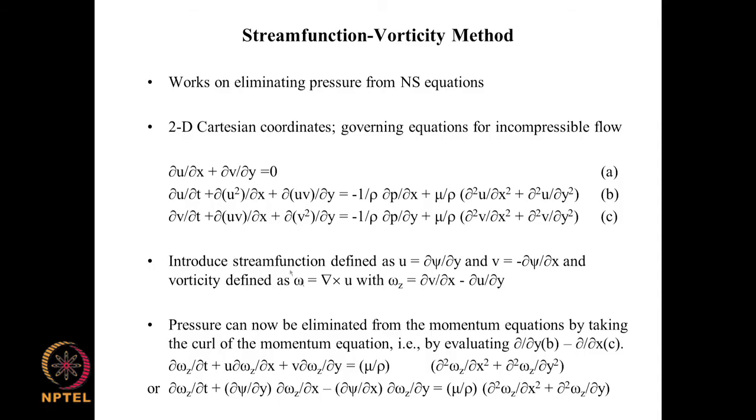It cannot go through the walls, the fictitious walls which make it a stream tube. I would refer you to standard books of fluid mechanics to learn more about the stream function, but the stream function is defined for this 2D Cartesian case with x and y as the coordinate directions of interest. We can define u as ∂ψ/∂y and v as minus ∂ψ/∂x, where ψ is the stream function.